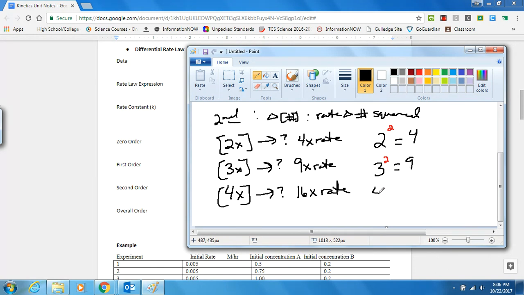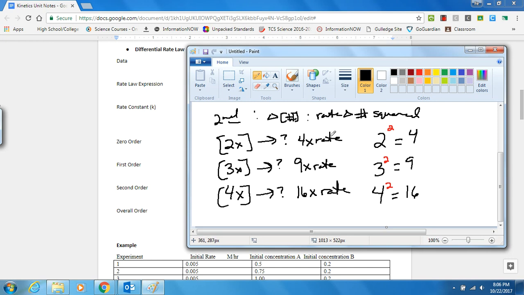And you guys get the idea. 4 raised to the second power, indicating second order, is equal to 16. So all these orders are doing is showing the relationship between a concentration change and how it affects rate.